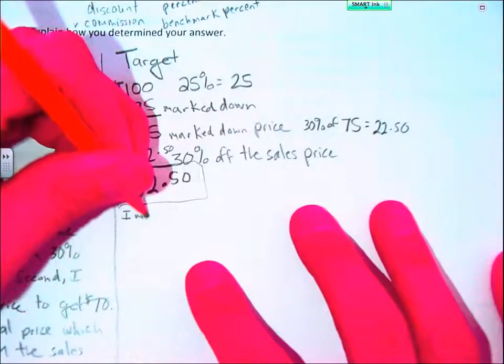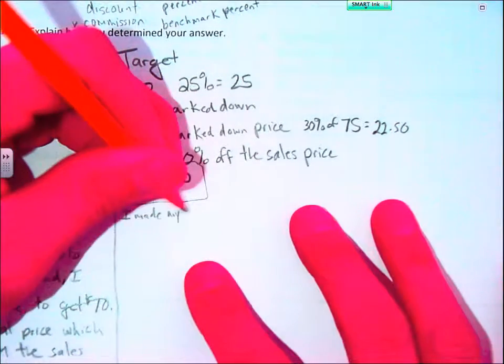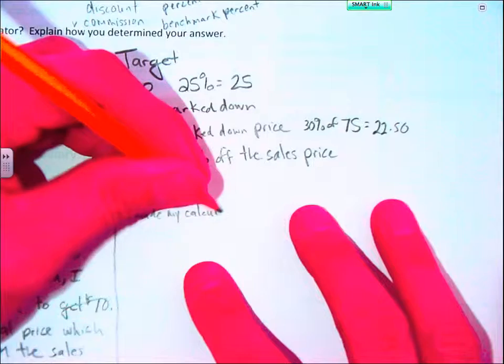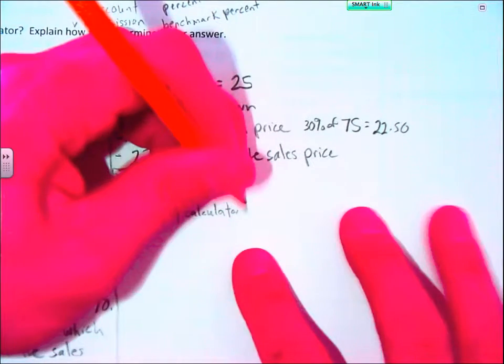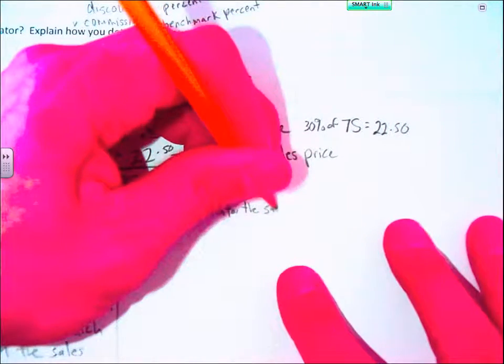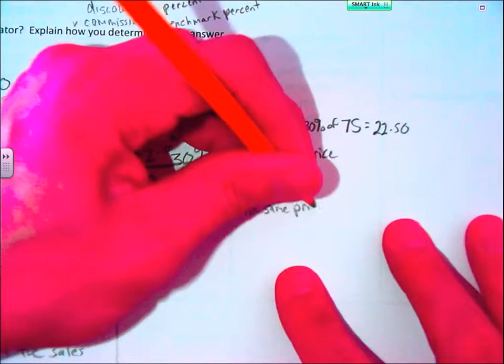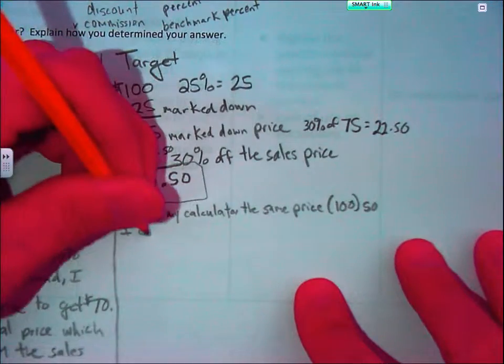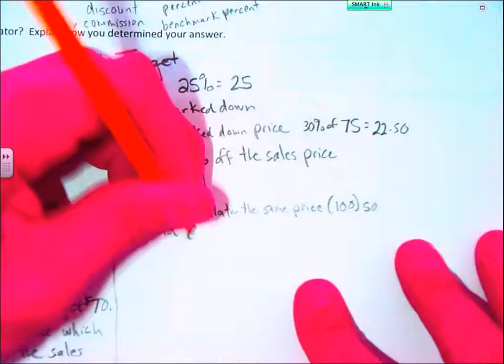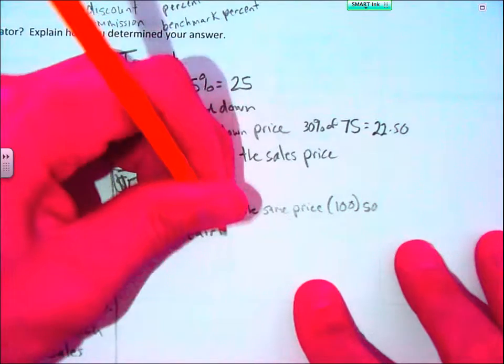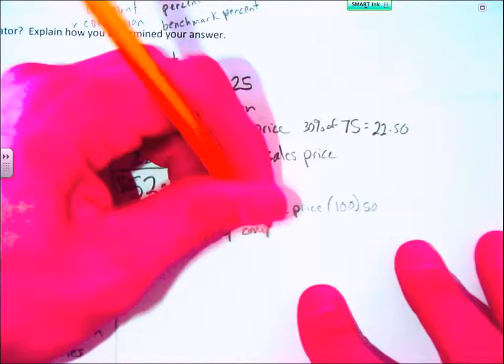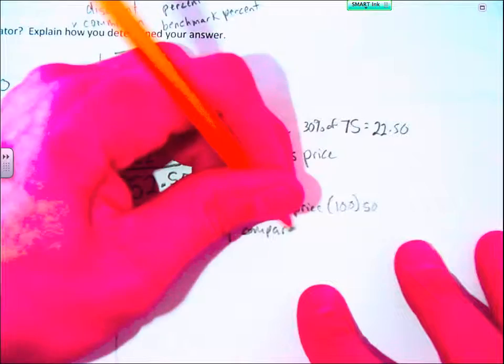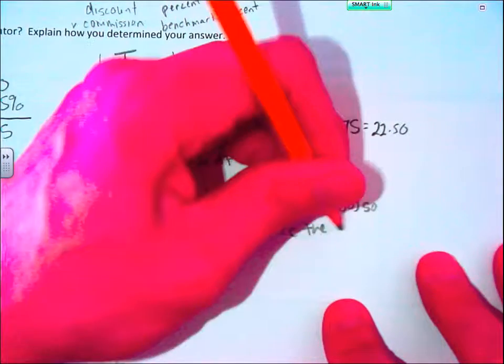Okay? The next step I would do is I would write it down in words. I made my calculator the same price, $100, so I could fairly compare the discounts.